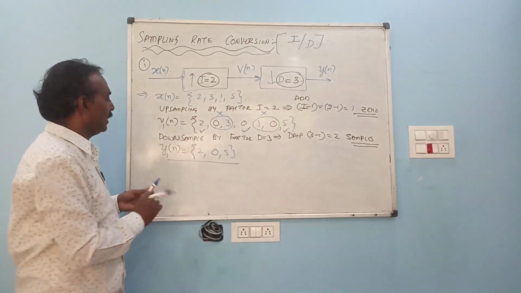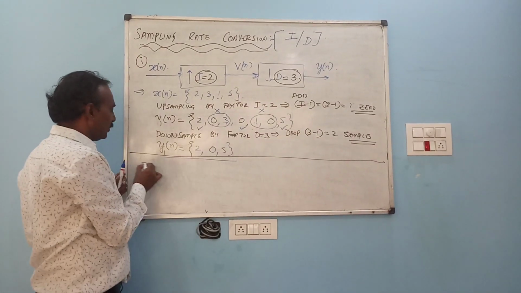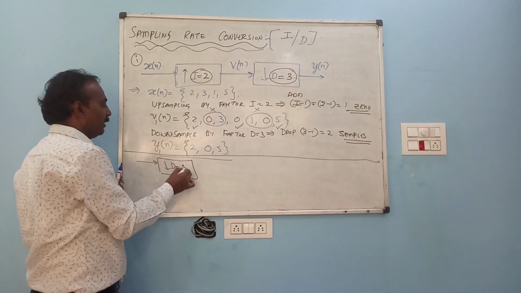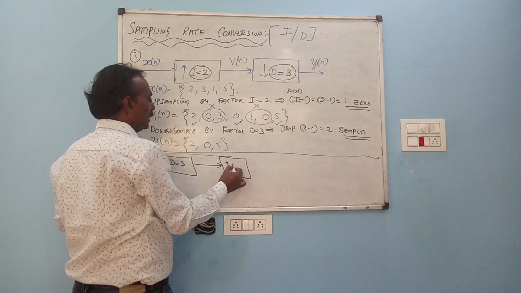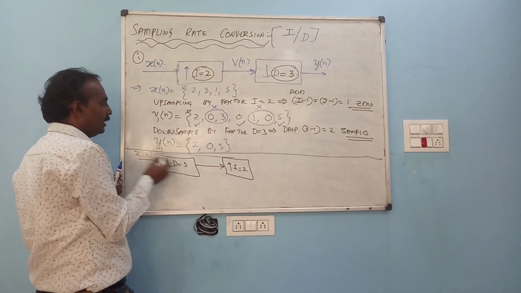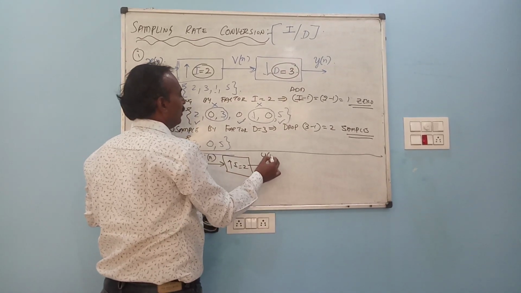Now if I reverse this process, what is happening? Suppose I downsample by factor 3 and then upsample by a factor 2. This is x of n, this we said is v of n, and this is y of n.